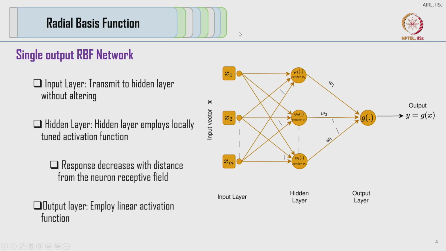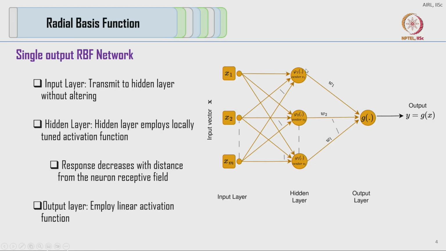So if you look at the radial basis function network, it has an input layer. The number of neurons in the layer corresponds to the number of features that we have. It has a hidden layer, and one needs to choose how many neurons should be present in the hidden layer, and then you have an output layer. You can have more output neurons; for simplicity I am taking one output neuron so that one can understand. It can be n neurons also.